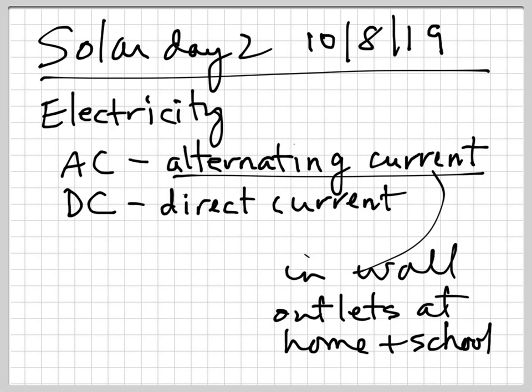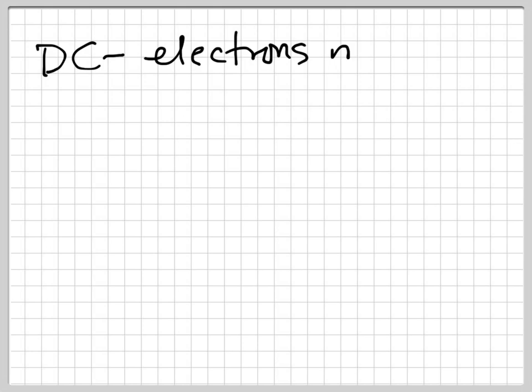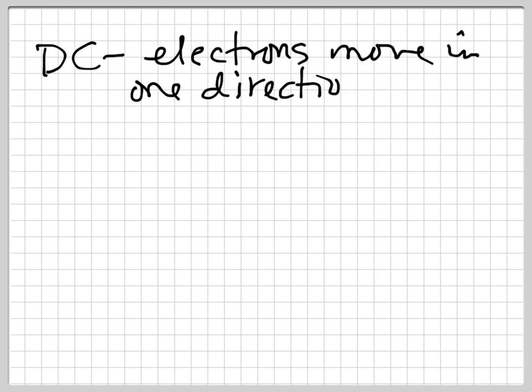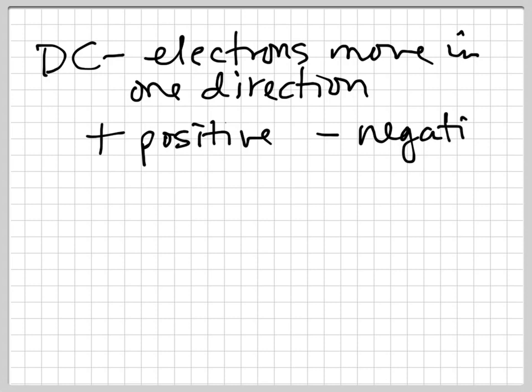So we're going to go DC. In direct current, electrons move in one direction. And these have a positive side and a negative side. This is all batteries.